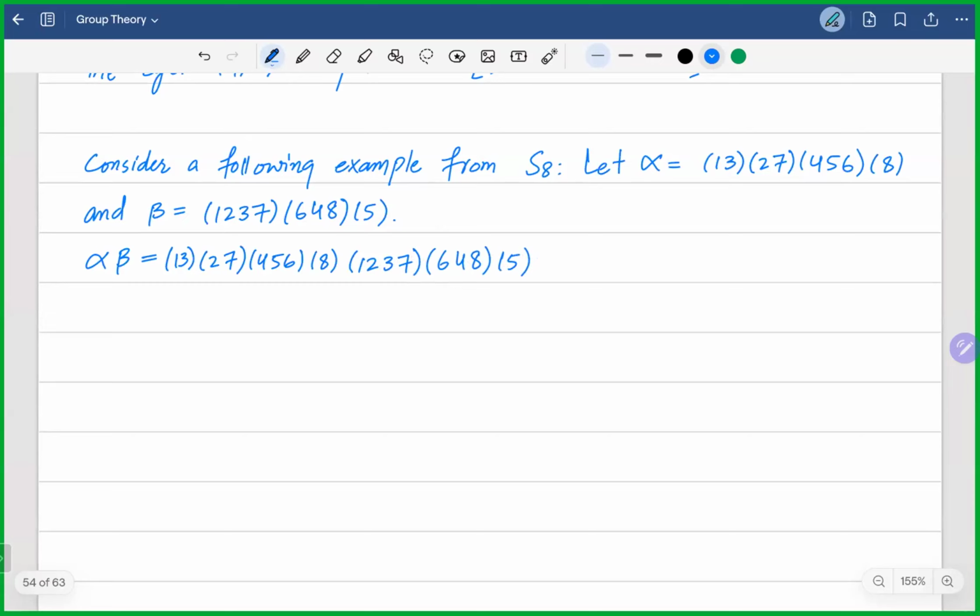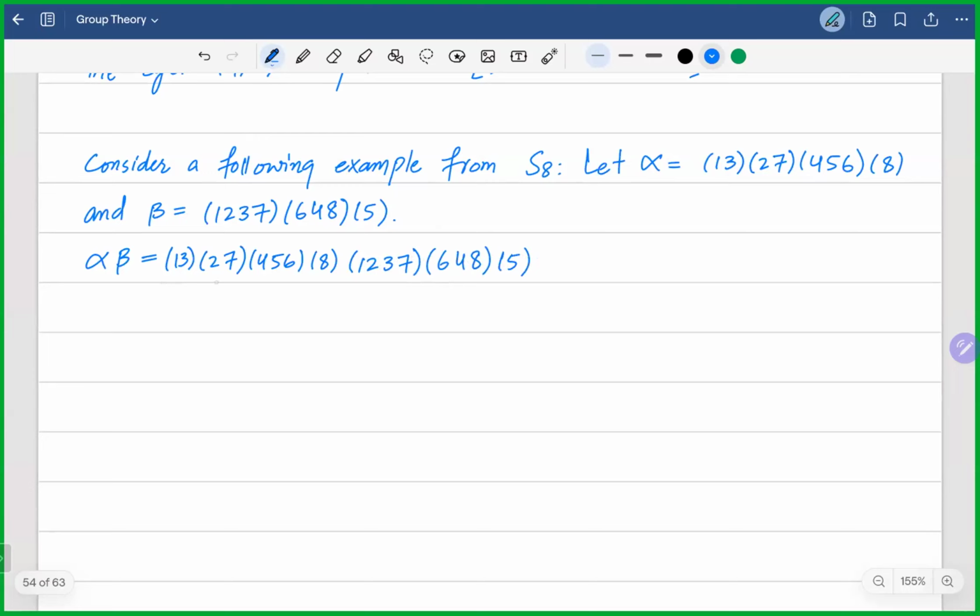Now, is it usually more desirable to express a permutation in a disjoint cycle form? It is. That is, the various cycles have no number in common. So we want to write them in disjoint cycle form, where the cycles have no number in common.